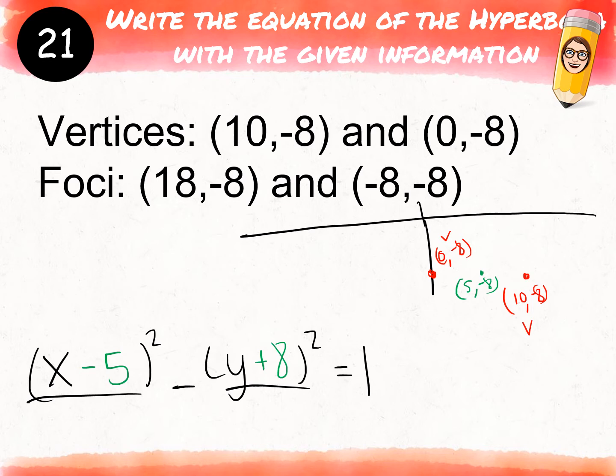The focus is at (18, -8) and at (-8, -8). So that means it's pretty wide, right? So I'm just going to imagine here for a second. That means my focus, it's going to be a pretty wide asymptotes through that center point.